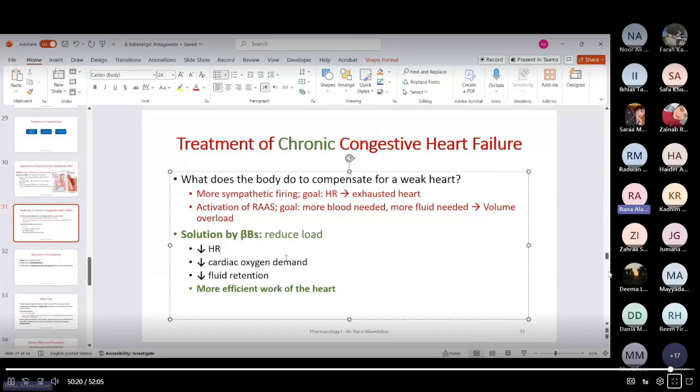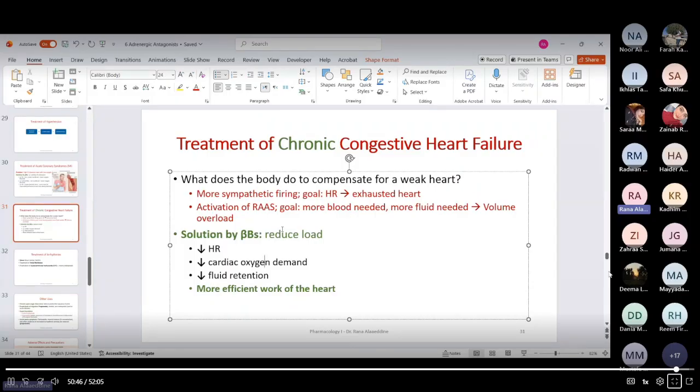The beta blocker, guys, will decrease everything. It will decrease the heart rate, it will decrease the oxygen demand, it will usually decrease so many factors that make the heart work more, so that the heart can work at ease without having to rush, because the heart, even if there's a lot of stress on it, cannot work more because it's weak already.